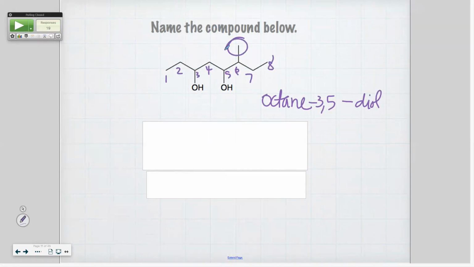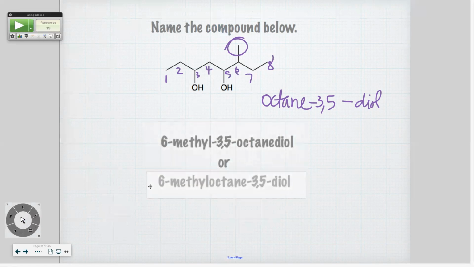So what do we got there? 6-methyl. So you could have 6-methyl 3,5-octane diol or 6-methyl octane 3,5 diol. Remember that when you have di, tri, etc., you have to have the corresponding number of numbers to go with it. So even in the ring, when we had cyclopentane diol, you had to have 2 numbers to go with that. Okay, so keep that in mind.